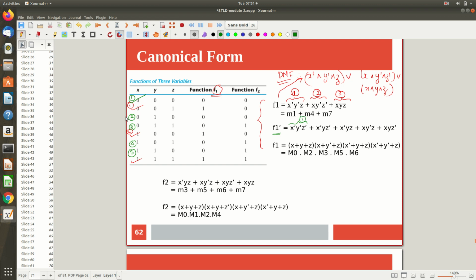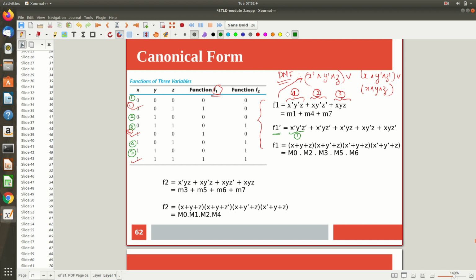Now this is the second case. See, if I am putting everything it will be confusing. So I hope you can remember this red green color one. Okay, I am representing like this. This is that one, right? Similarly, now this function is giving me a 0. I am focusing on the entries where I am getting a 0.